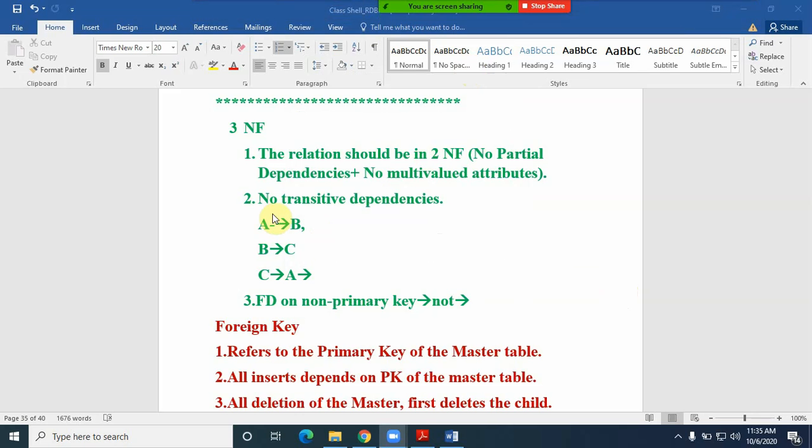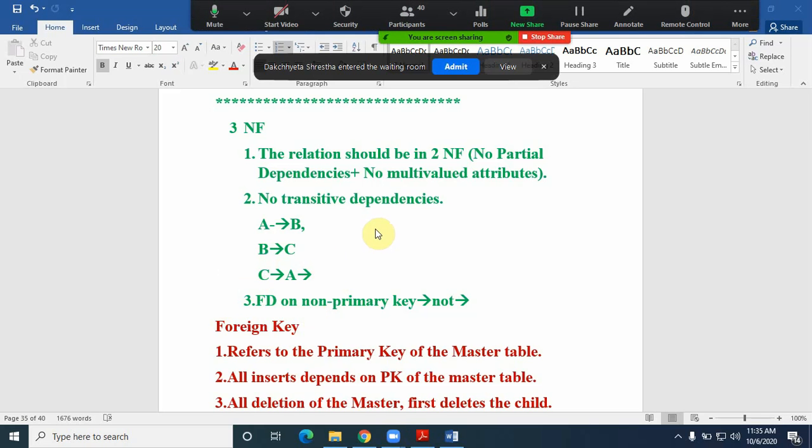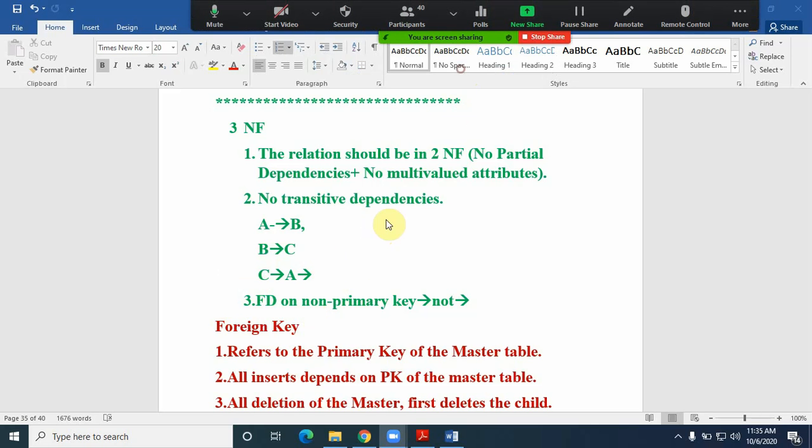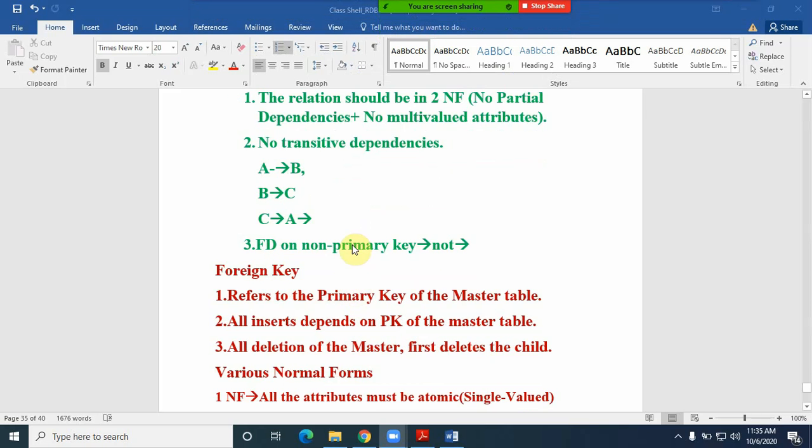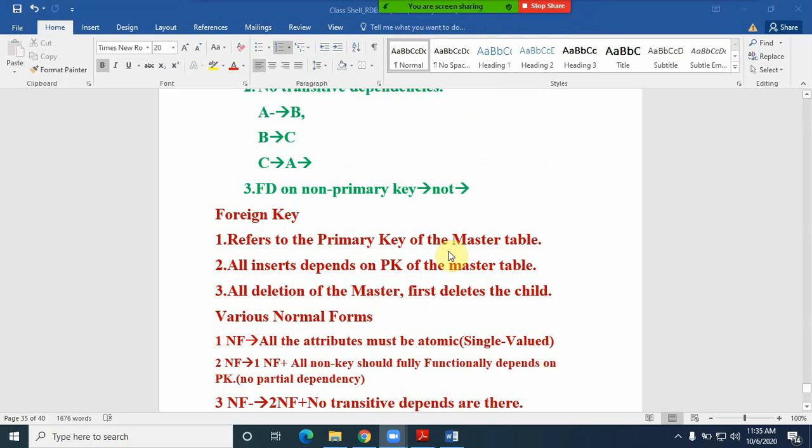Suppose I have three columns, friends. For observing the transitive dependency, three columns are required. A to B and B to C, and if there is a possibility of observing a relationship between C and A, then the concept of transitive dependency exists. We should observe the removal of that transitive dependency, and to maintain that you should have the support of referential integrity.